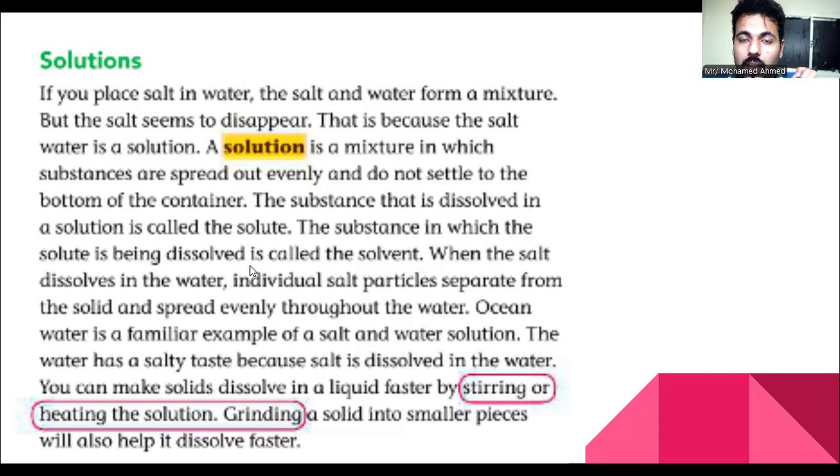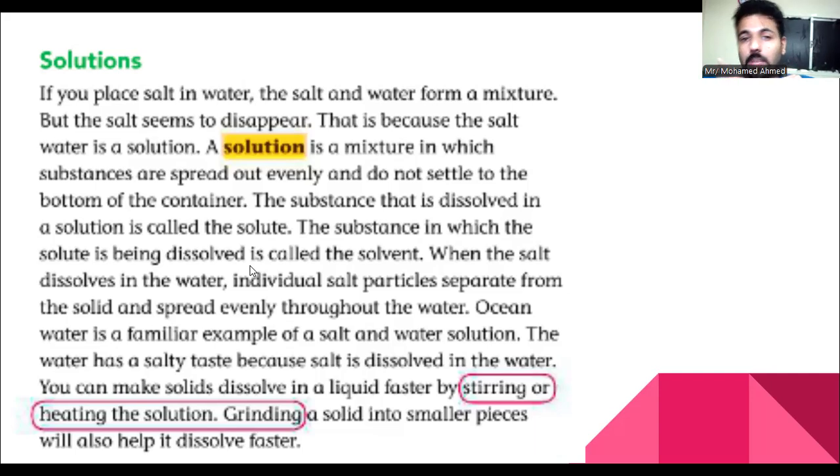It's called what? Solute. So I dissolve sugar in milk. I dissolve sugar in tea. So the sugar is the solute. The tea is the solvent. Another example, I'll ask you: if you dissolve salt in soup, the salt is what? Yes, good job. It's the solute.